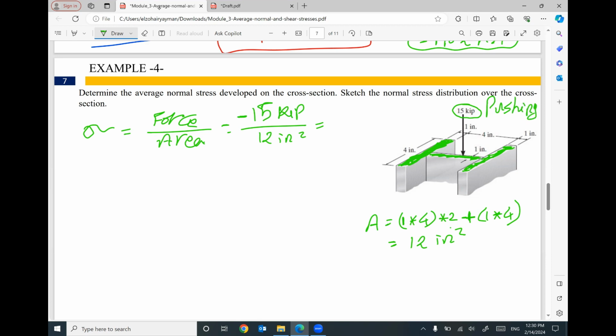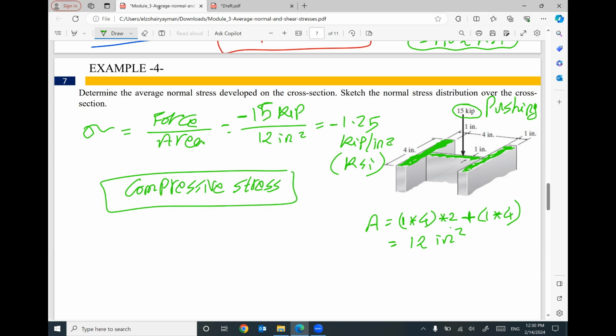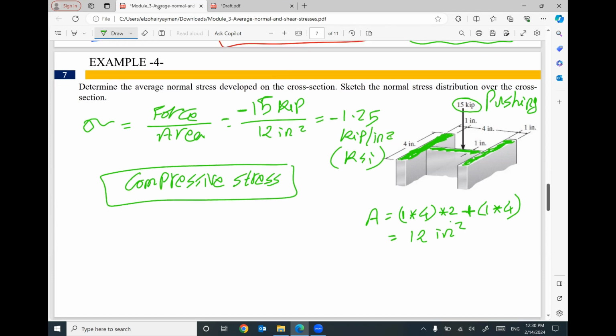So we have compression. 15 divided by 12 will be negative 1.25 kip per inch squared, or ksi. So we have compressive stress, and this is the reason why I put a negative value.